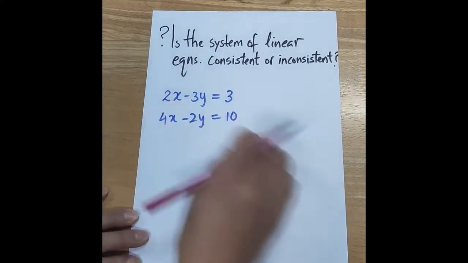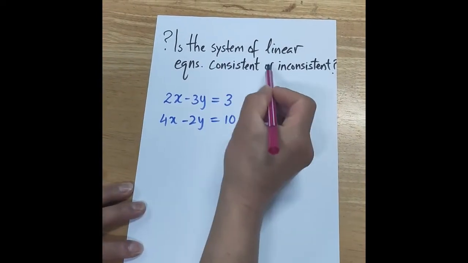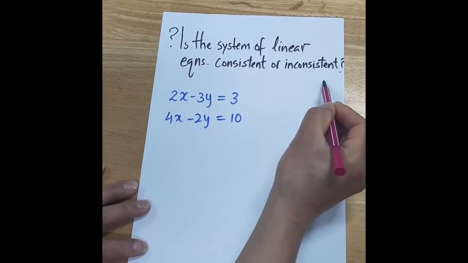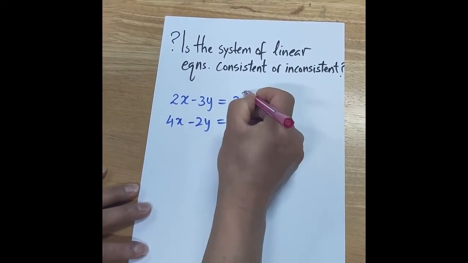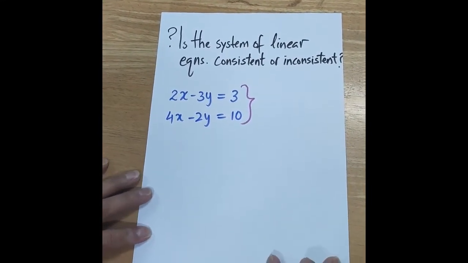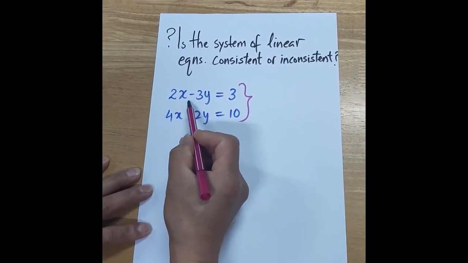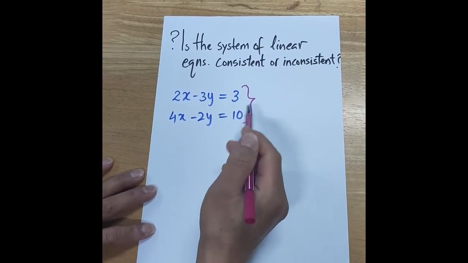So let's take this example. Is the system of linear equations consistent or inconsistent? We are given these two linear equations. In the first equation, we have 2x minus 3y equals 3.